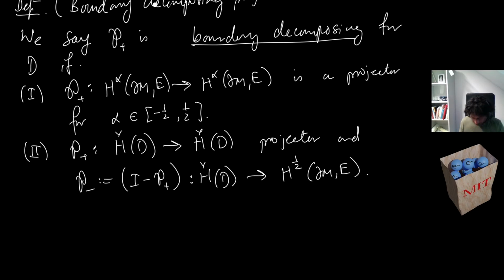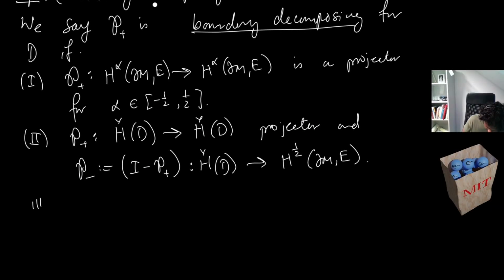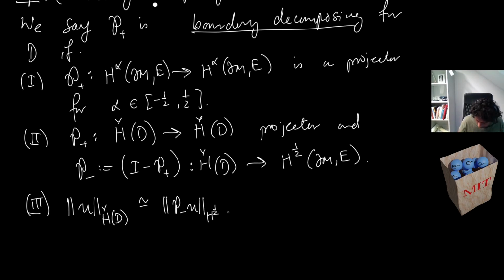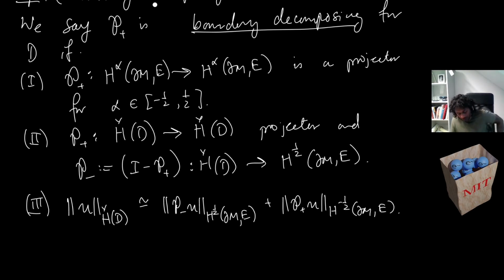Okay, so the third condition, I don't actually even have to write this down because I've said that it's a projector, but just for completeness, let me write that the H check of D norm can be written as P minus of U in H1/2 of M plus P plus of U in H minus 1/2 of M. The reason I don't have to write number 3 is because H1/2 is already a subspace of H check.